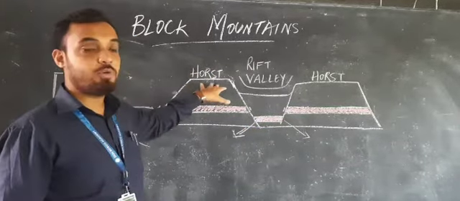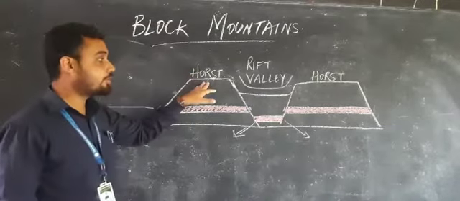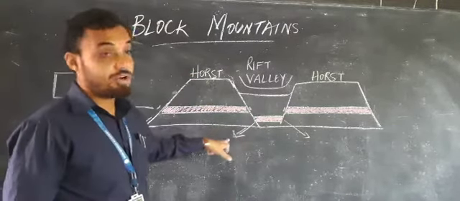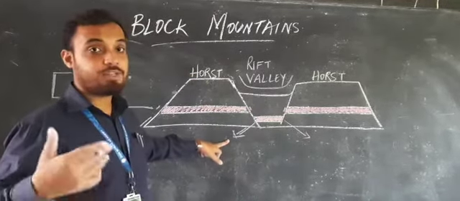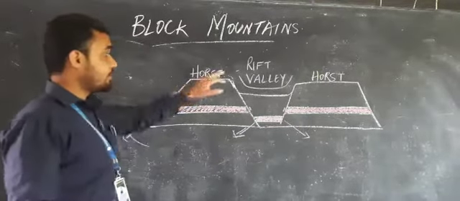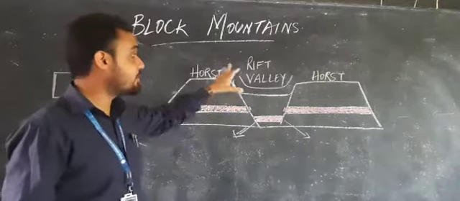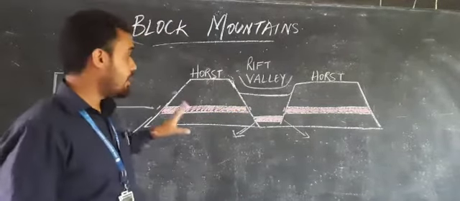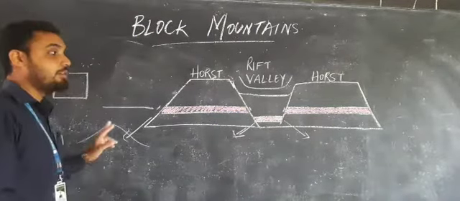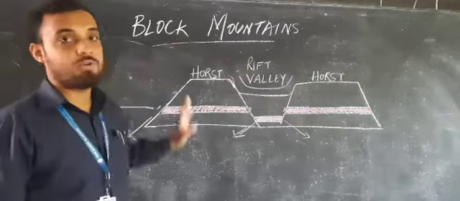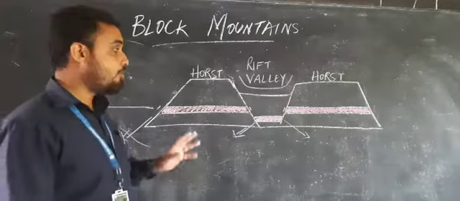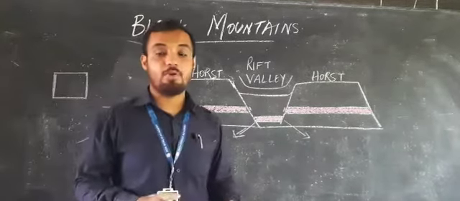So the topmost portion is a horst. These are the fault lines where the cracks took place. The portion between the two horsts of two mountains is called a rift valley, and this collectively is known as a block mountain. I hope all of you have understood what a block mountain is.